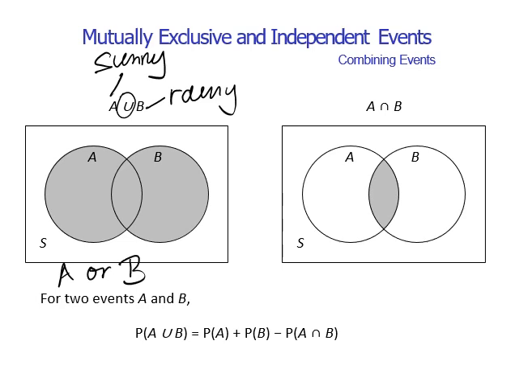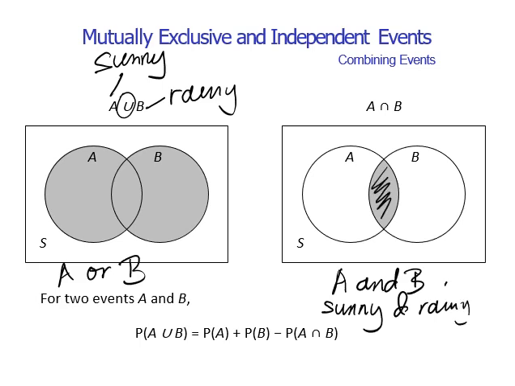Okay. However, on this hand side, this is A and B, which means that it is both sunny and rainy. Okay. So the probability is much lesser. It's just this overlapping part. So what I want you to think about is what happens to this area here, this empty area.